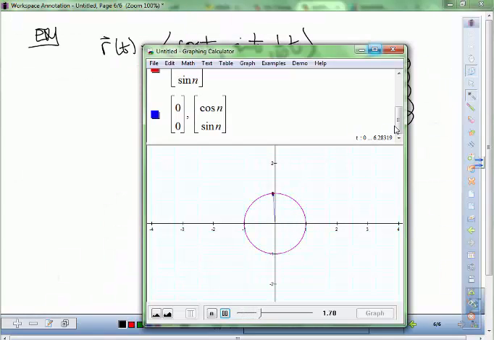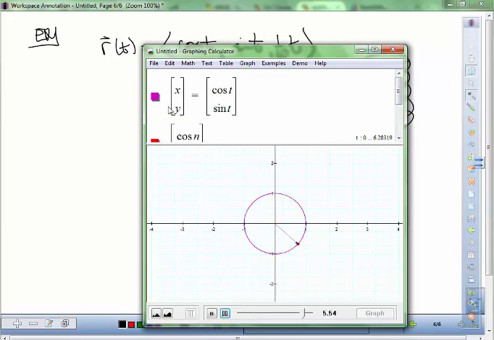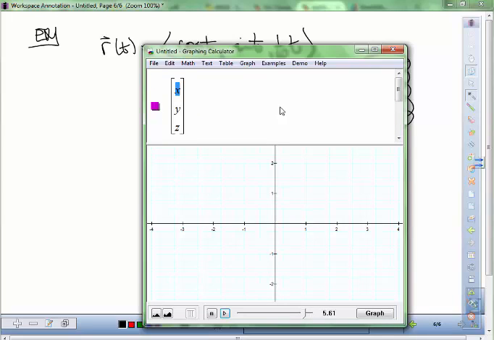So if we take our graphing calculator program here and just start new, this time it's a 3-vector. And I don't want to restrict myself to just go from 0 to 2 pi.